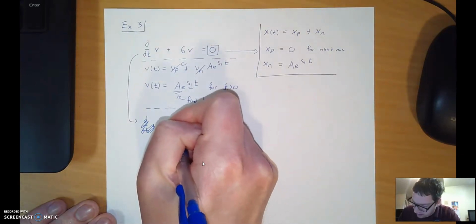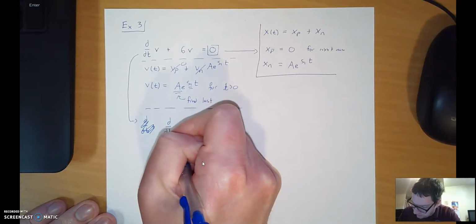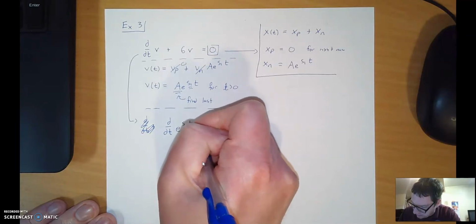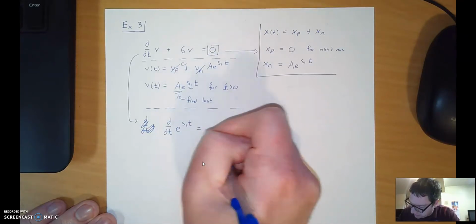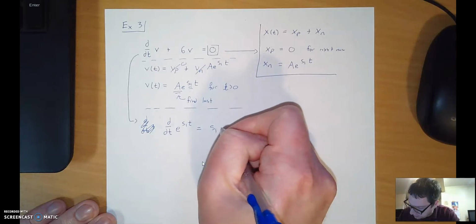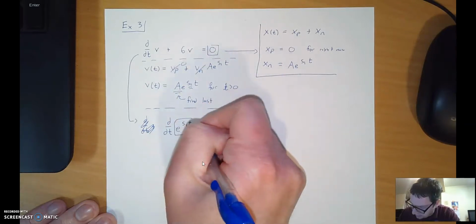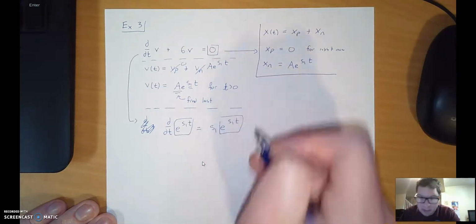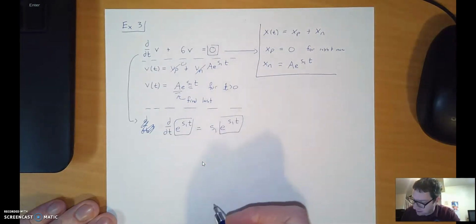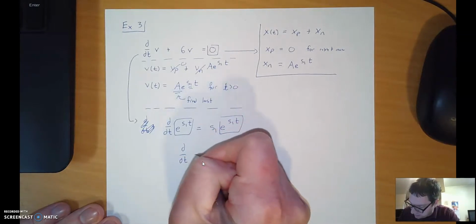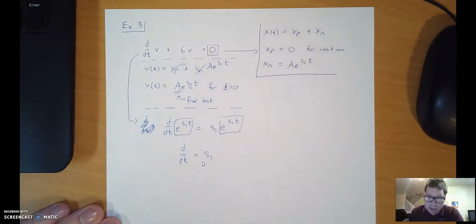If we take the derivative of e^(s1t), we will get s1 e^(s1t). This is common on both sides, so I can divide by e^(s1t), and I am left with d/dt equal to s1.